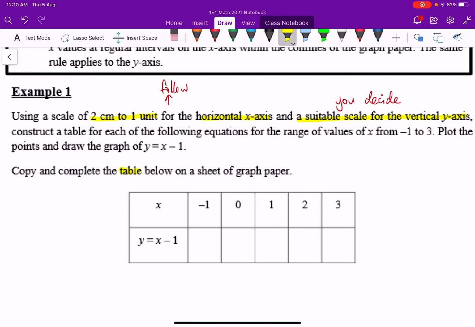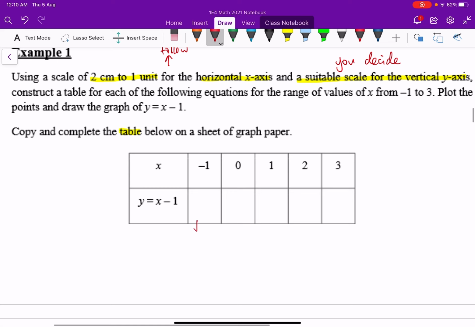For this example 1, I'm going to go through with you how you fill it up. First you get the x value of -1. So I substitute -1 into this box. -1 minus 1 is -2. Second one, y equals 0 minus 1. It is -1.